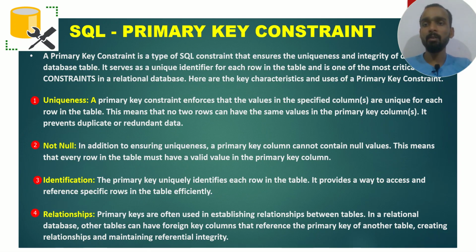What exactly is uniqueness? So what exactly is written over here? A primary key constraint enforces that the value in a specific column is unique. Let's say I have a primary key on my employee ID.